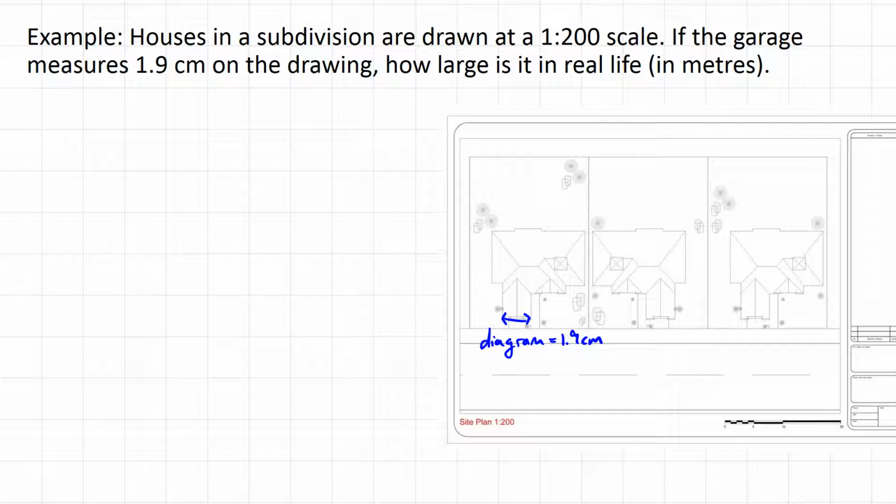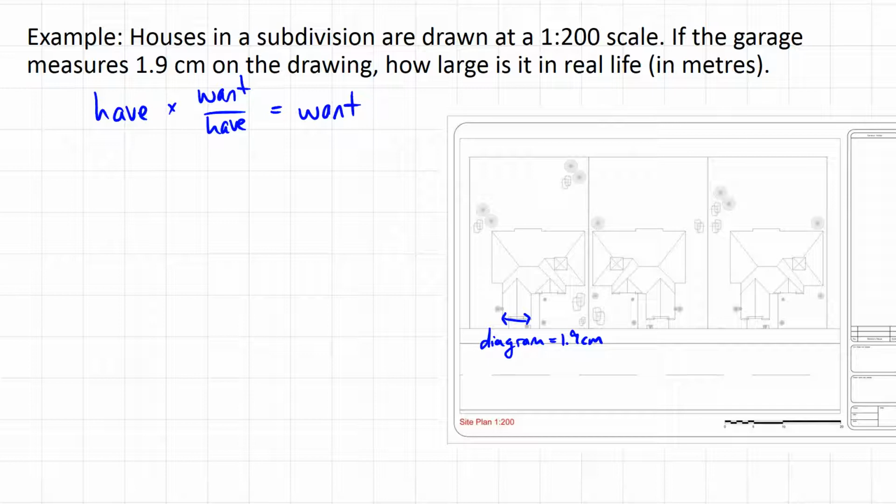Well, we're going to do the have times want over have, and that's going to equal what we want. But this time, instead of thinking about units, we have to think about diagram and real life information.